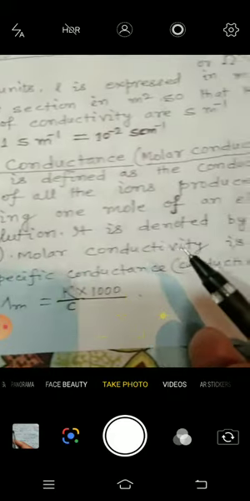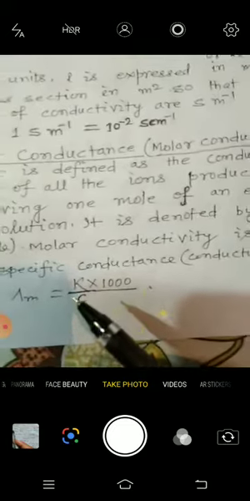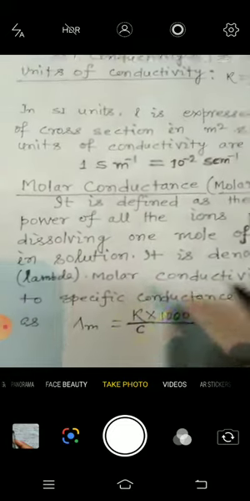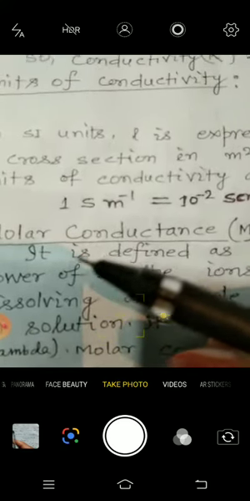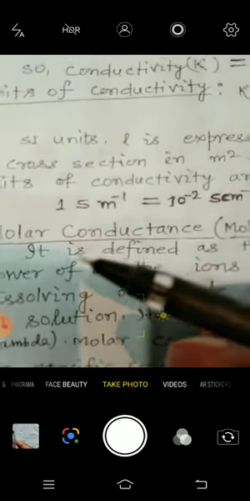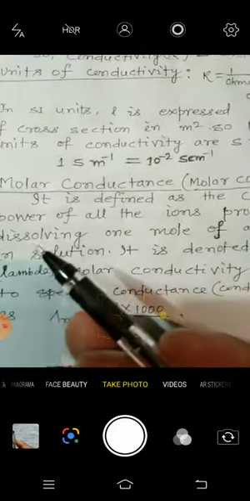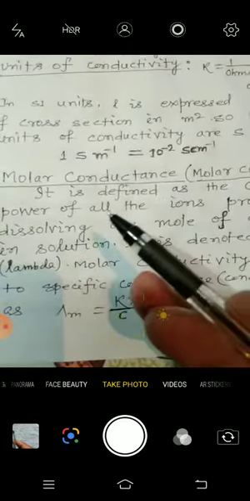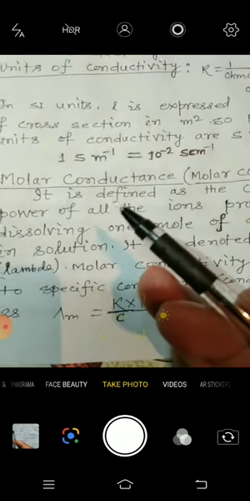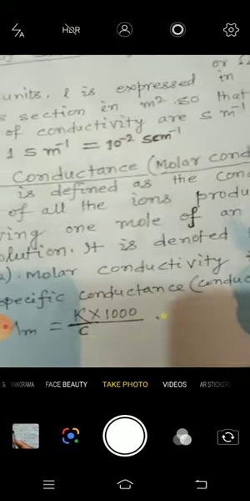So molar conductivity is related to specific conductance like this. We can say that this is a special case of conductance where the solution contains 1 gram mole of electrolyte. Means the conductance in 1 gram mole of electrolyte is known as molar conductivity.